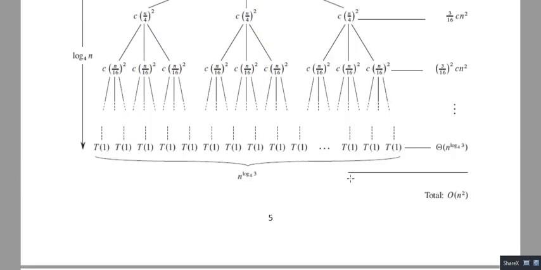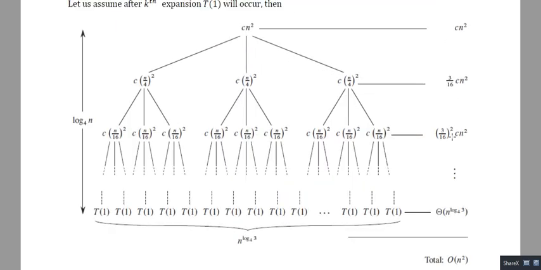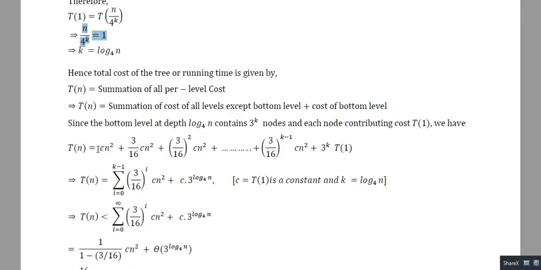So let us sum all these things to find the final solution of the recurrence. So it will be Cn square plus 3/16 Cn square up to the last. Okay, so this is the expression, right? Using summation notation we can write it like this.